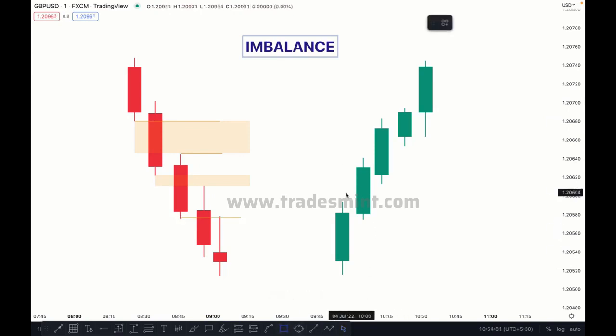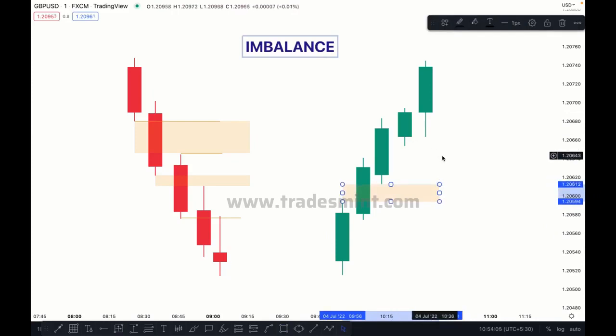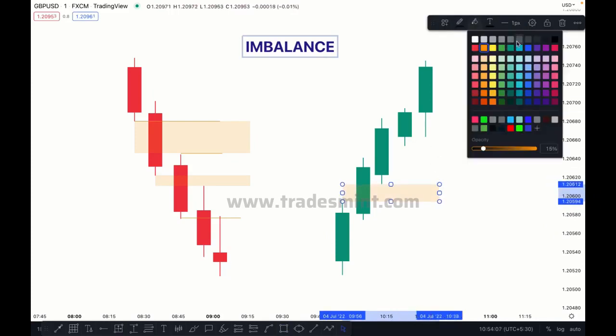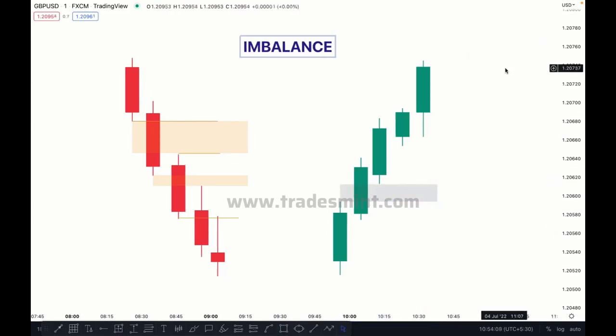As you can see here, this high is here and low is here, so between this high and low, this one is called an imbalance, correct? And next, this candle's high and the next candle's low is here, so this one is also called an imbalance, right? And an imbalance can be different in size, like this.